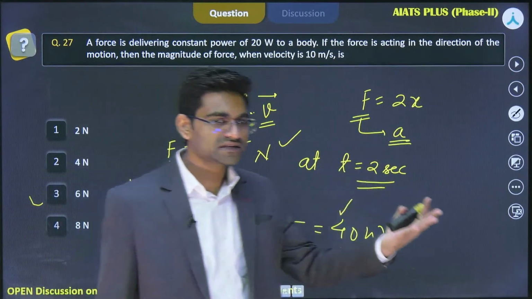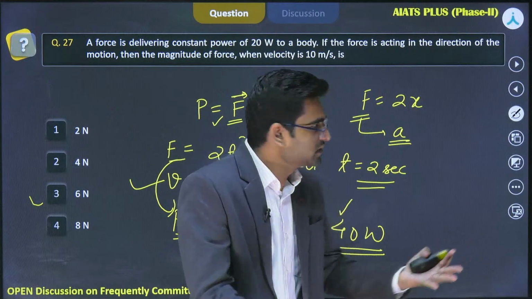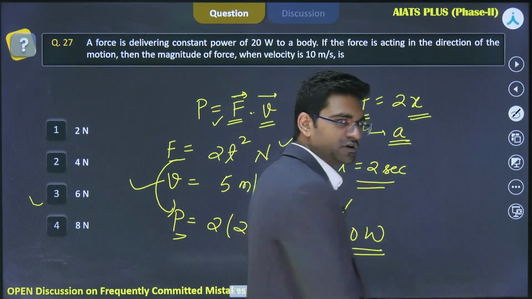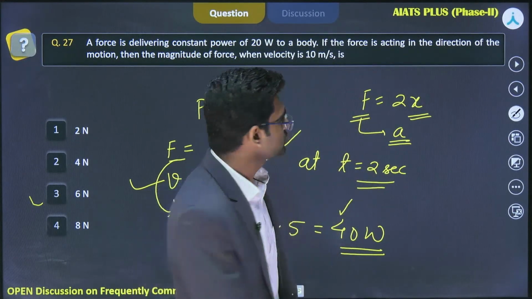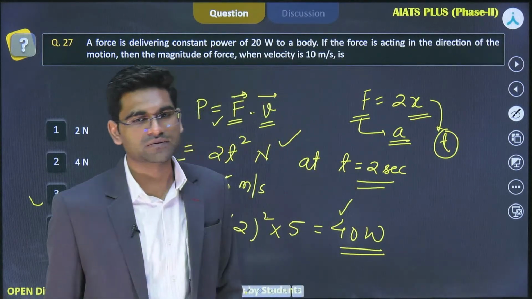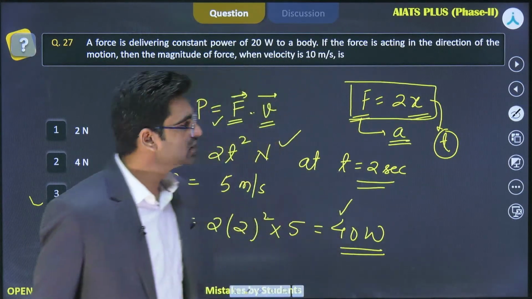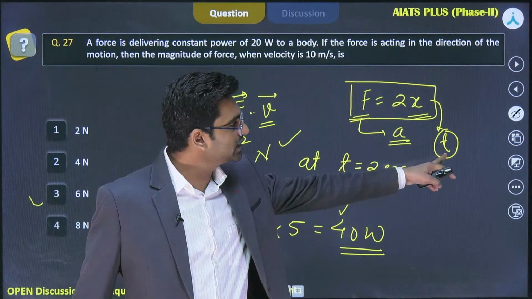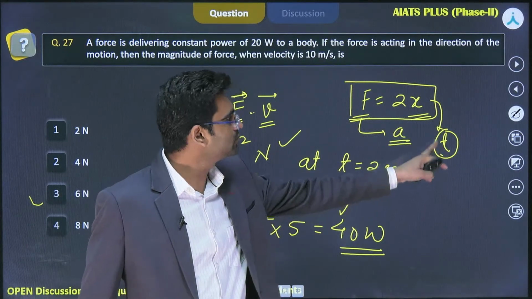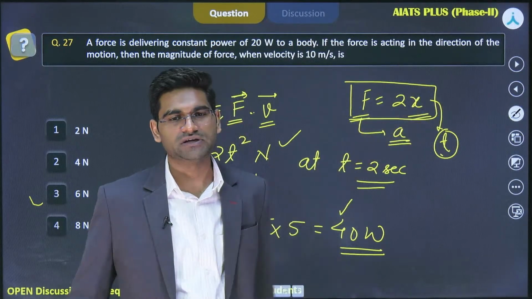And since there is a change in velocity, its displacement or its position will also change, right? So this x is ultimately dependent on time. This is also variable. But here the question says that F is equal to 2x, meaning the force is not directly dependent on time. It is actually, but here we are given its variation with displacement.